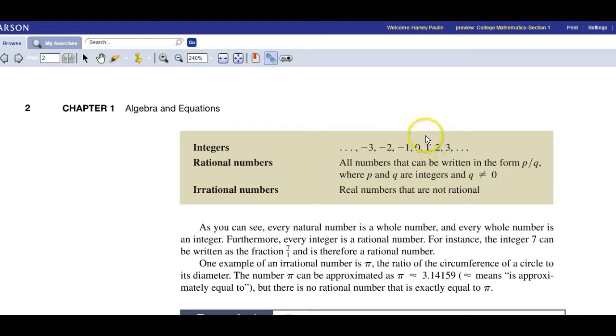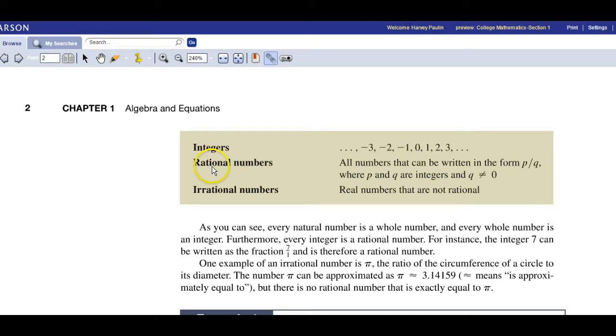A 2 and a -2 makes a 0. Well, so whole numbers and their opposites make up a set of numbers that are called integers. And on the number line, we will see this. They're going to show us some of this in a little while.